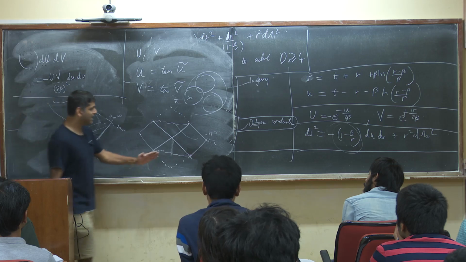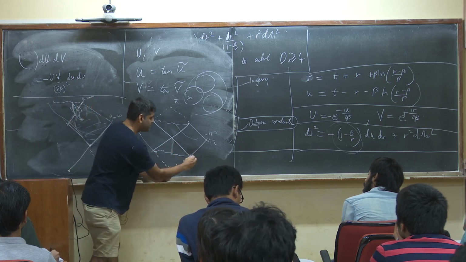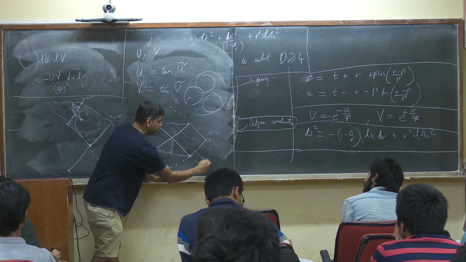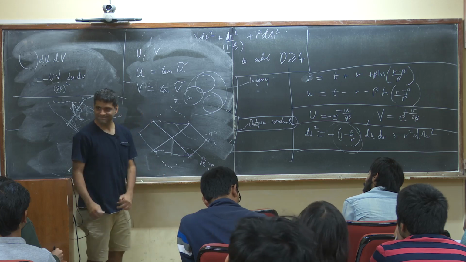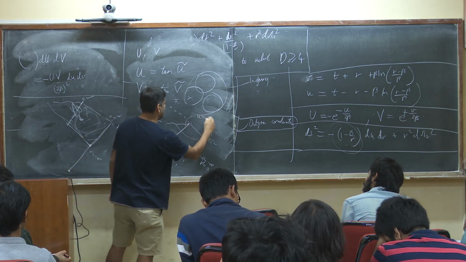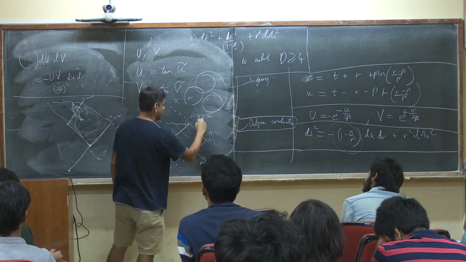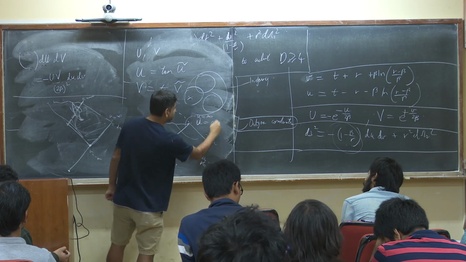Why are these 45-degree lines important? This was little v equals minus infinity, and therefore capital V is equal to 0. And this was little u is equal to infinity, and therefore capital U is equal to 0.